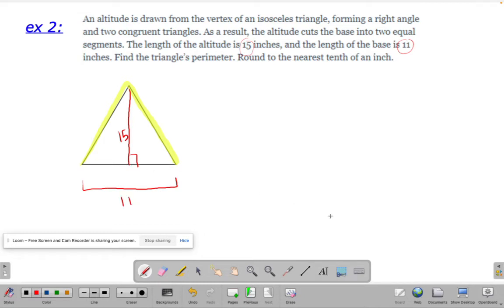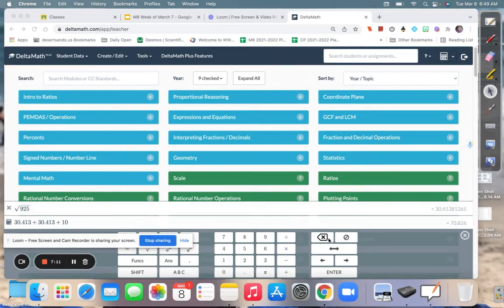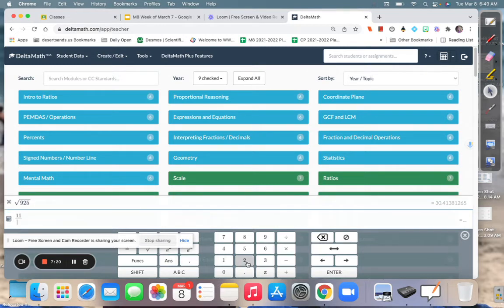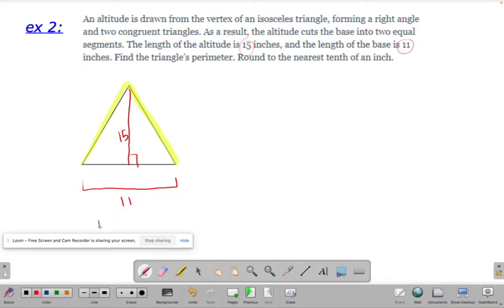And I do need to cut it in half. So if you're not sure how to cut it in half, we will do 11 divided by 2. And that's how I get 5.5. So 11 divided by 2 equals 5.5. That means this side is 5.5 and this side is 5.5.